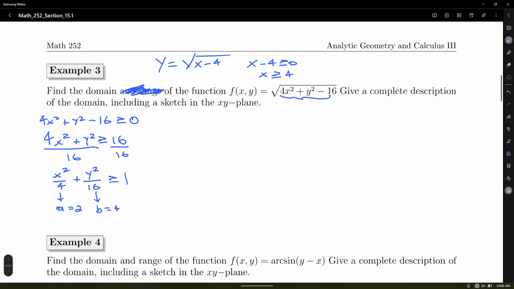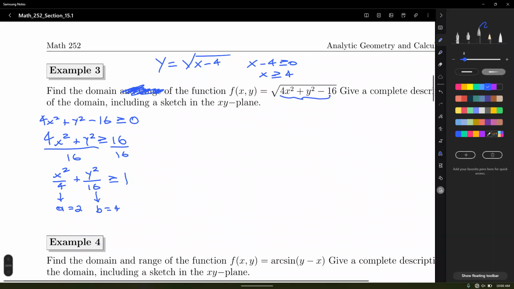But of course, we may get cases in which this ellipse or any of these conic sections are shifted. But in this simplest case, it is centered at the origin. Okay, let's graph this.